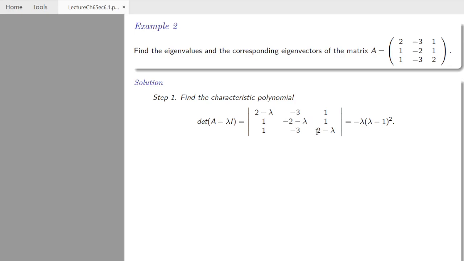And this one is A33 minus lambda times 1. And then the rest of the entries stay the same. For this determinant, we can find its form. This is equal to negative lambda times the square of lambda minus 1.